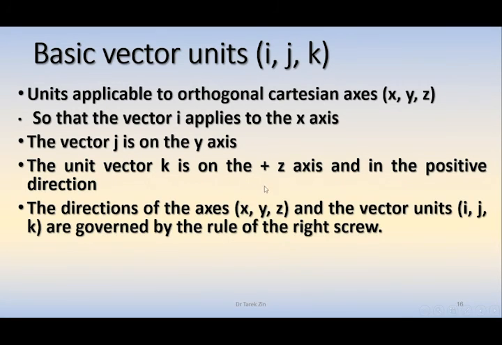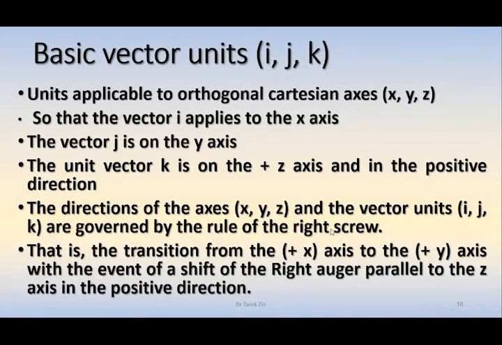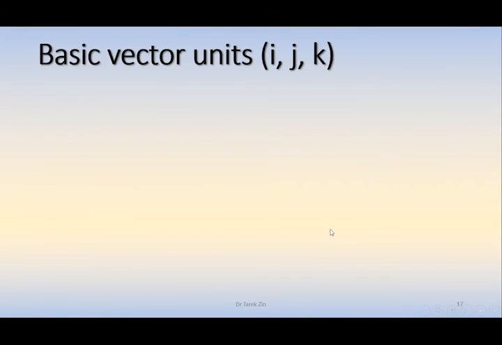The directions of axes x, y and z are represented by unit vectors i, j, k, governed by the right-hand rule. So what is the idea? Let's see together.